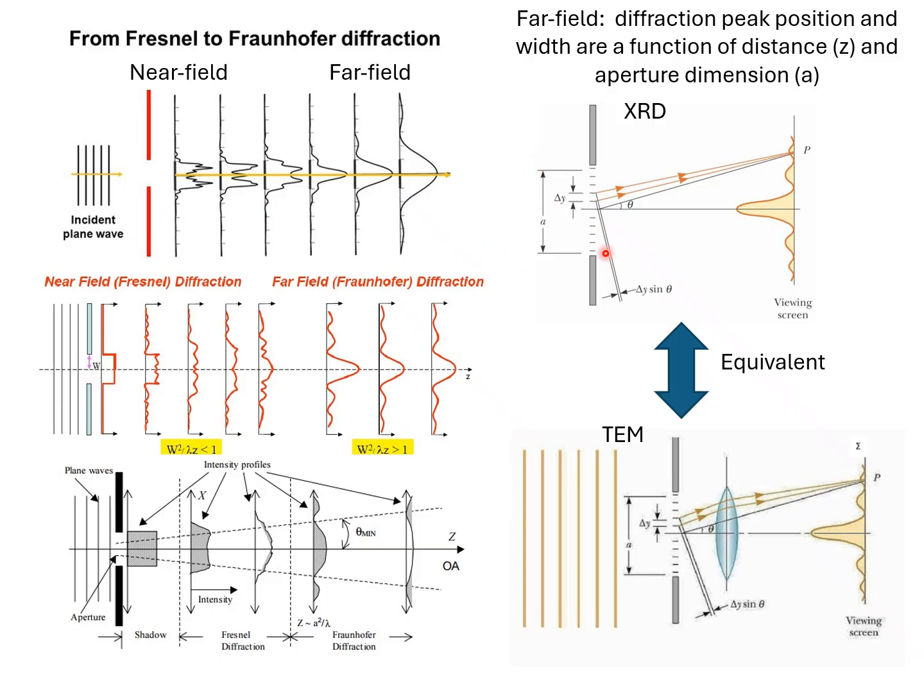If you think about Huygens principle, where you can look at each point on the aperture, you can sum up all the waves as they go to some location on the back focal plane.